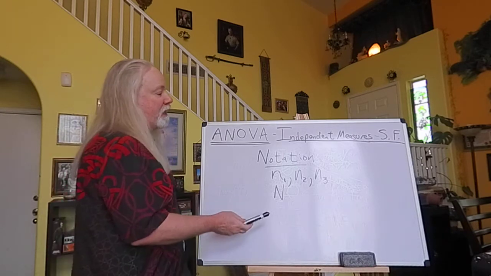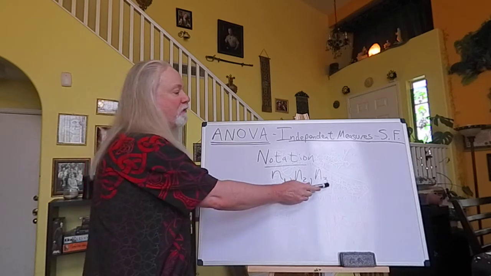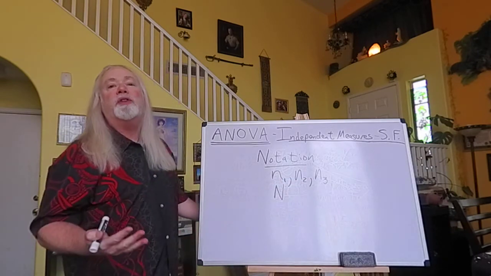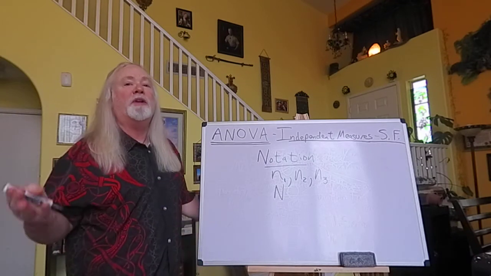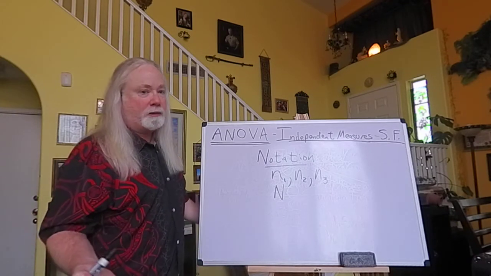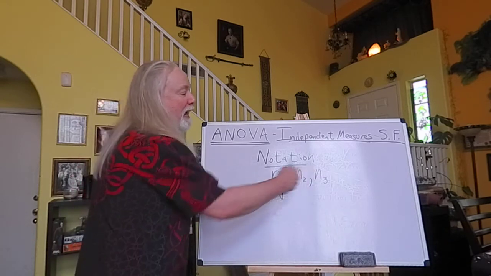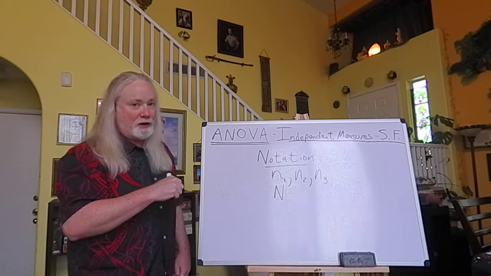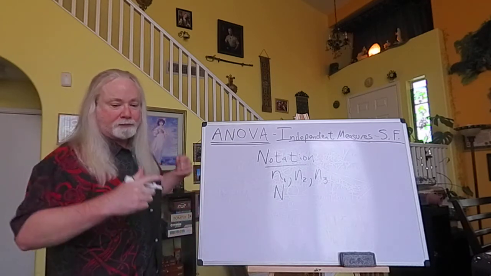So if I had 5 scores in condition 1 and 5 scores in condition 2 and 5 scores in condition 3, if all the groups were the same size, the total number of scores for the entire study would be 5 plus 5 plus 5, 15 scores. So you can get the value for capital N simply by adding all the lowercase n's together. So it's the total number of scores in the entire study.